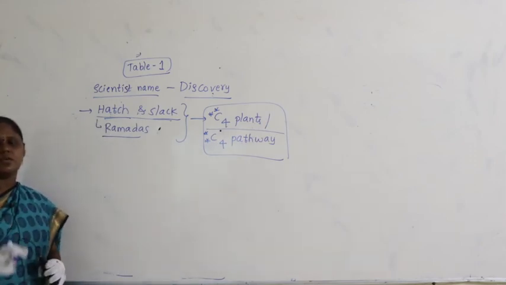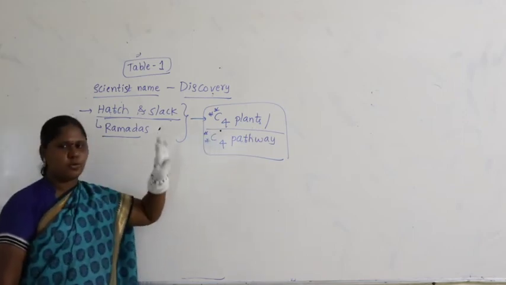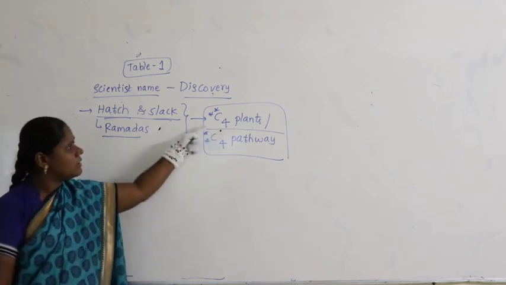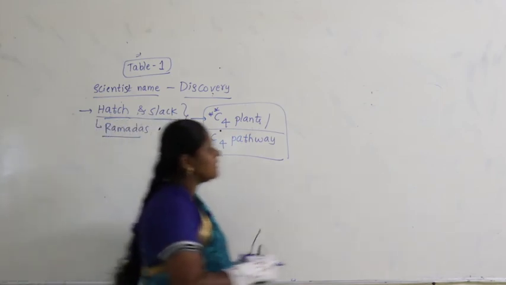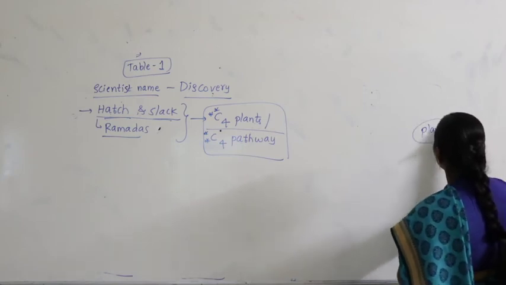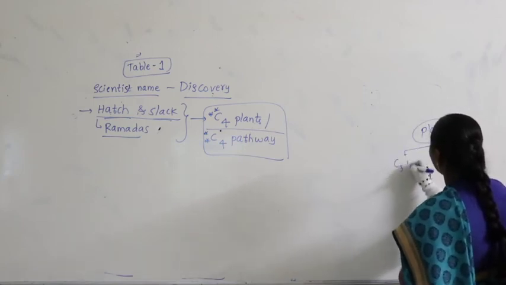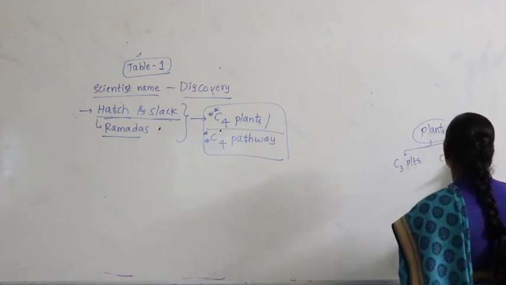The first stable compound produced will have 4 carbons, that is why they are called C4 plants. Generally remember in your mind, we will discuss this later in the concepts. Generally the plants are divided into 2 categories. We call C3 plants and we call C4 plants.